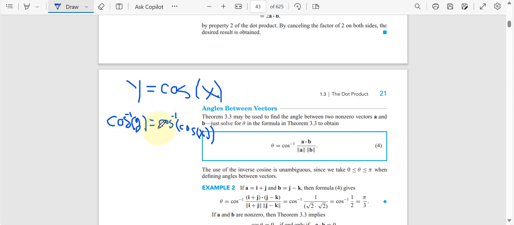That's what the inverse of this cosine function means. When you apply the inverse to the function itself, you end up doing nothing, so on this side we just get x.